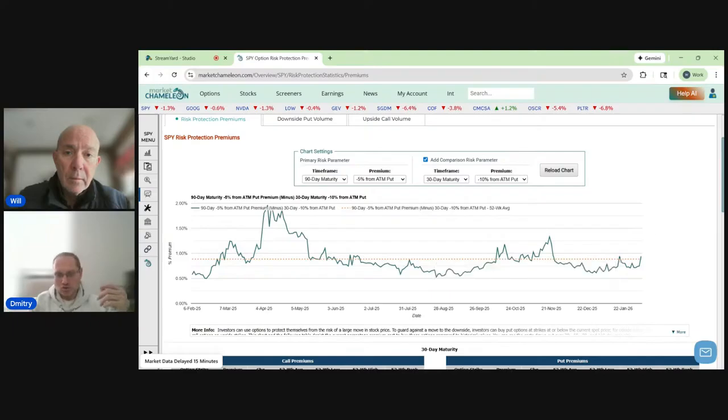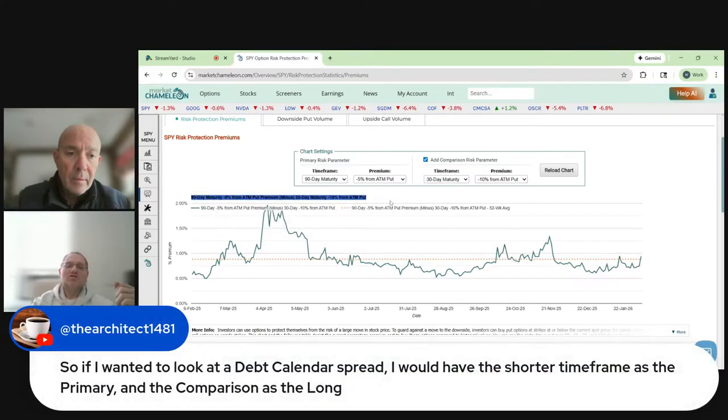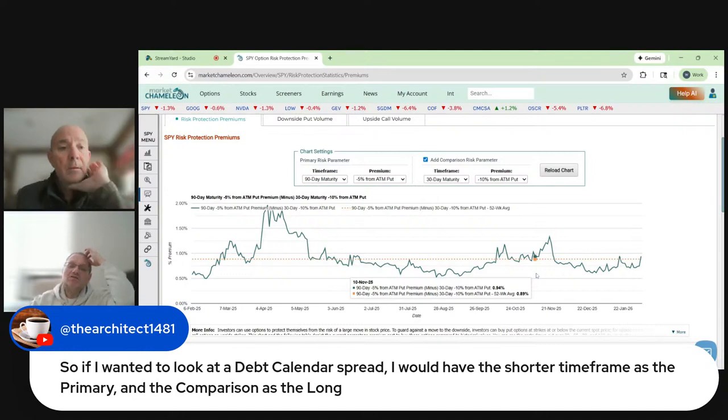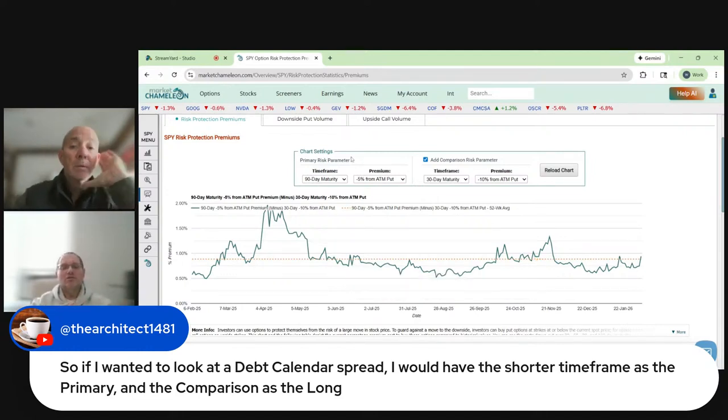So that would be a short, one minus the other. So over here, 90-day premium minus 30-day. So yes, this is one minus the other. Whatever you have here would start as a plus, like a long, and this would be a minus on this side.